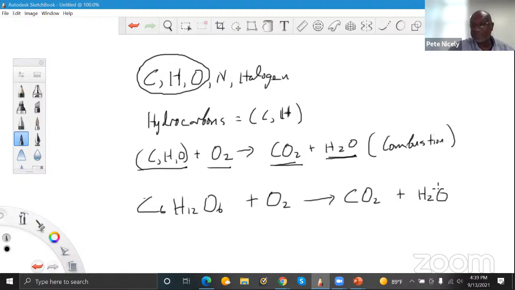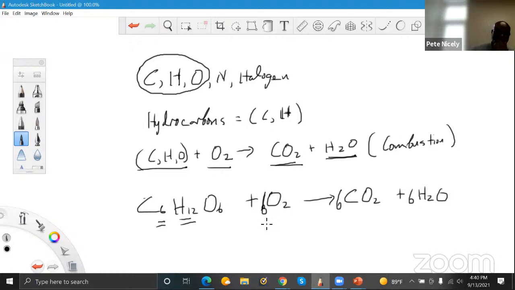And to balance this, okay, we have 6 carbons here, so I would put a coefficient of 6 here. We have 12 hydrogens here, so I'll put a coefficient of 6 here. And then as far as the oxygens are concerned, we have a total of 6 times 2, 12, plus 6, 18 oxygens on the right. We have 6 oxygens here, so I'll put a 6 here to make the total number of oxygens on the left equal to 18.